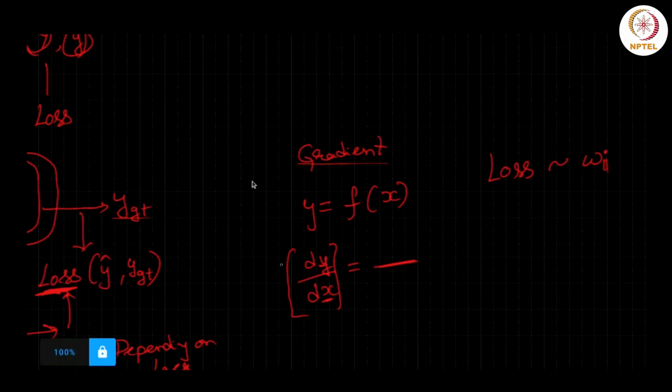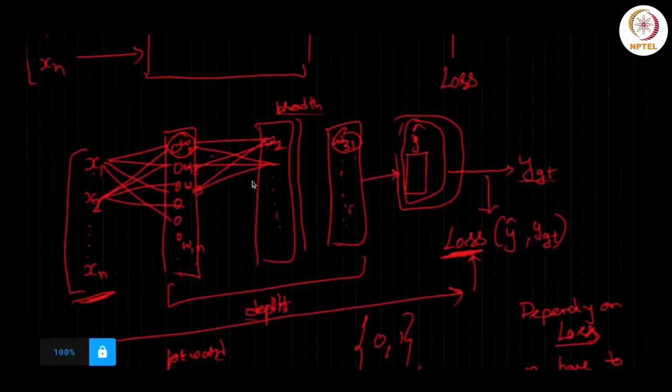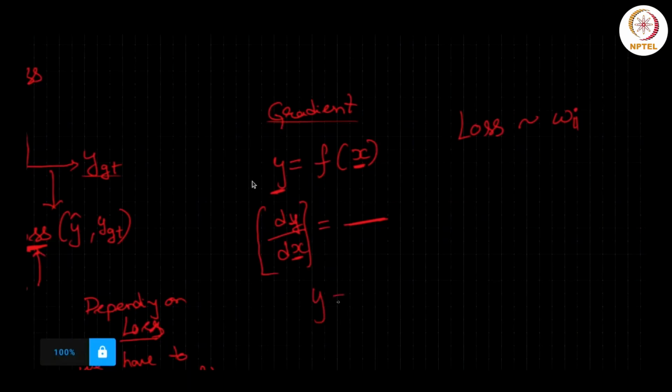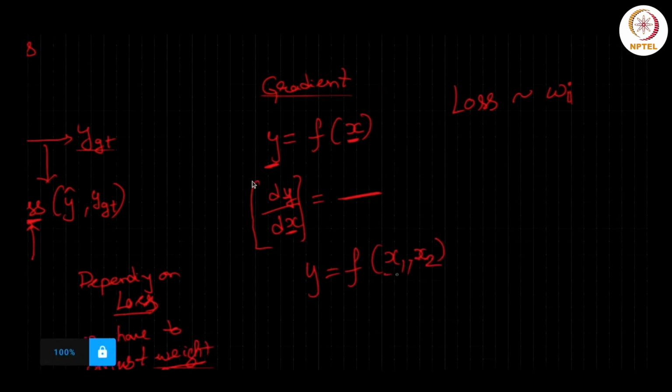Now this was a very simple case where y was dependent only on one variable called x. But in this complex network, you can see that loss is dependent on a multitude of these weights, right? So y is not just dependent on one single x, but it's slightly complicated. Let's think of a hypothetical situation where y is dependent on only 2 variables, x1 and x2.